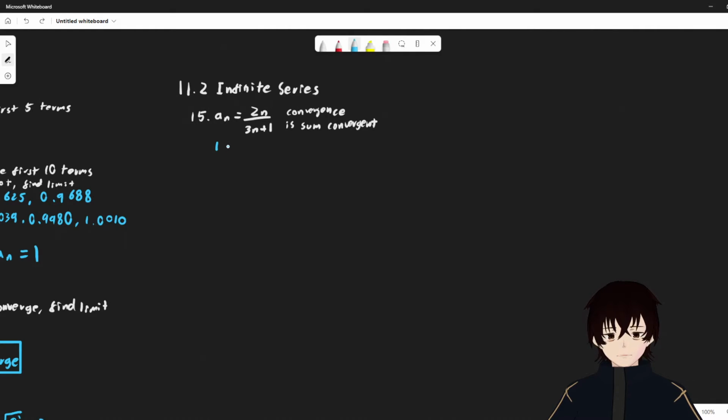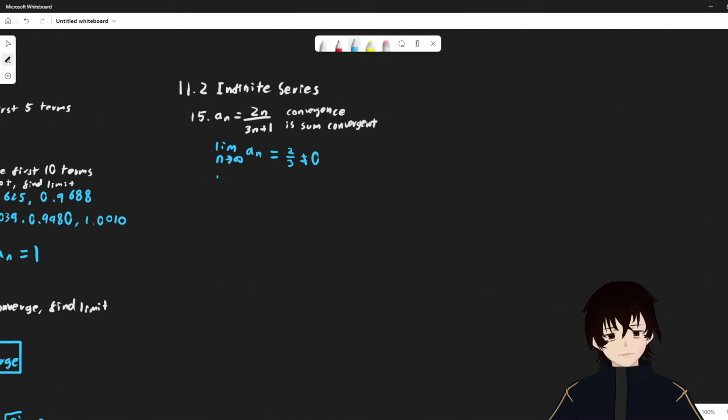So as n approaches infinity of our sequence, the number a of n approaches 2/3, which is not 0.